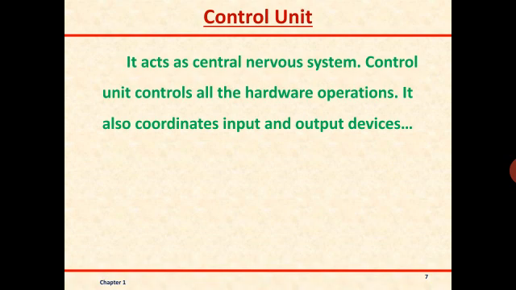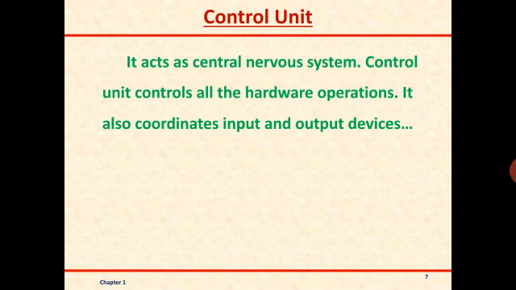This control unit ensures that information is stored correctly, program instructions are followed in a proper sequence, okay, as well as data is selected whenever it is required from the memory.